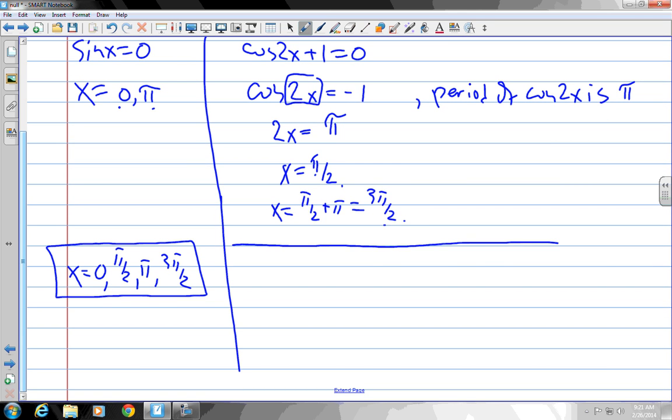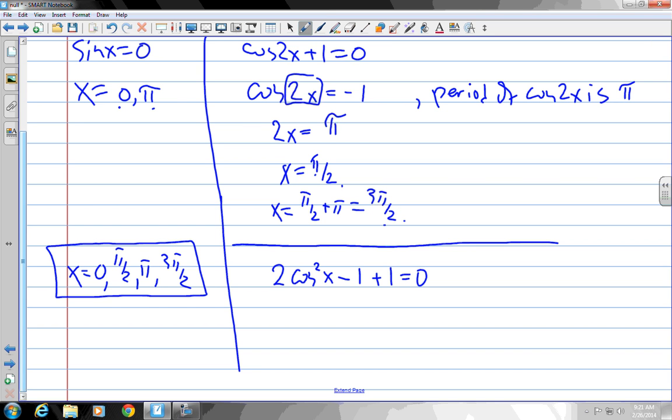For the second one, let's say I convert it using the double angle formula. I have 3 options. I probably shouldn't use cosine squared minus sine squared because that gives me 2 different functions. I'll use the one that has just one function: 2 cosine squared x minus 1, plus 1 equals 0.